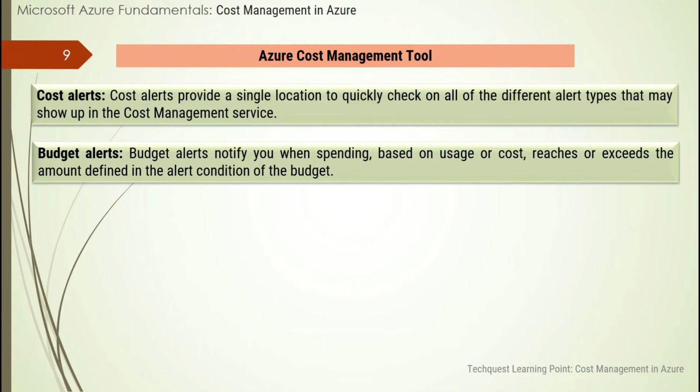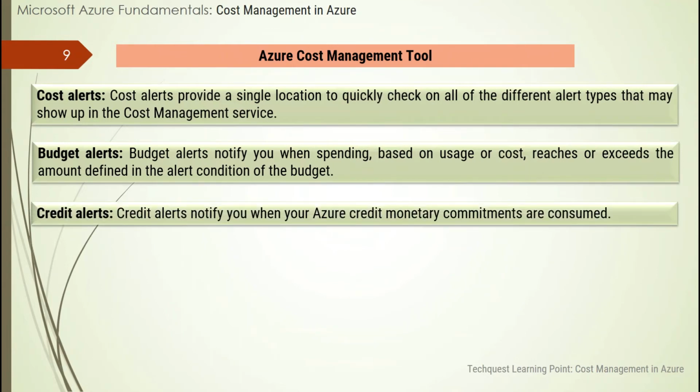Budget alerts support both cost-based and usage-based budgets. Budget alerts are generated automatically whenever the budget alert conditions are met. You can view all cost alerts in the Azure portal. Whenever an alert is generated, it appears in cost alerts. An alert email is also sent to the people in the alert recipients list of the budget.